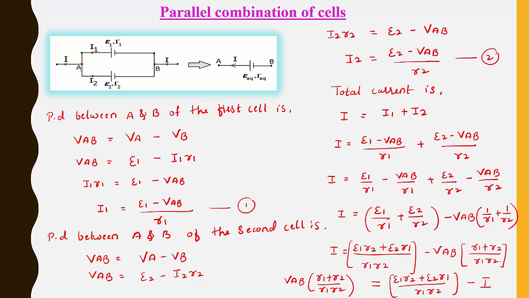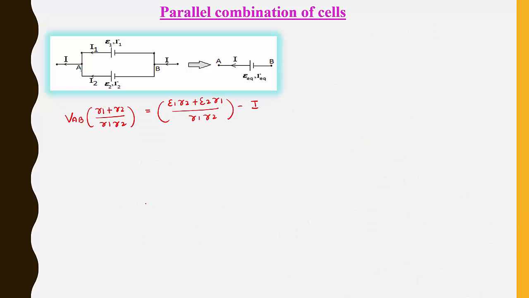Now we can write this equation as, see here, the next step. Again I wrote the same equation here. Let us continue with the next part. VAB R1 plus R2 divided by R1 R2. Here I am going to take VAB equal to, and this term I am going to take to the RHS side.